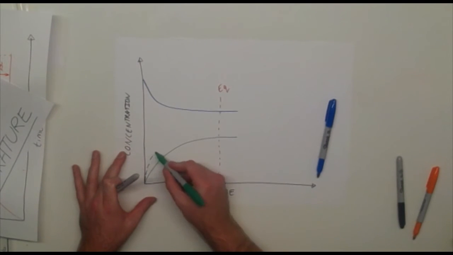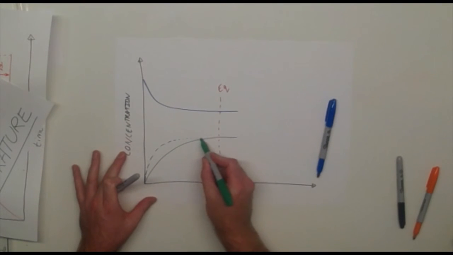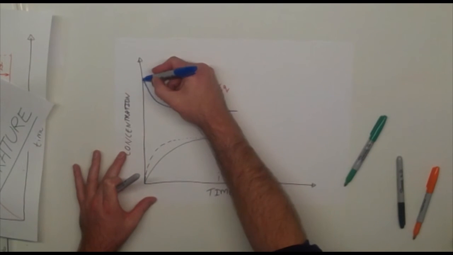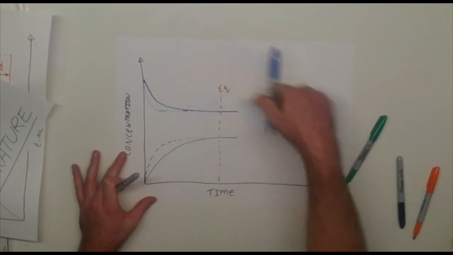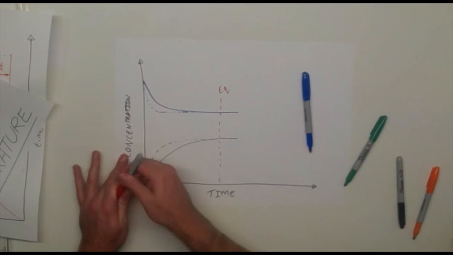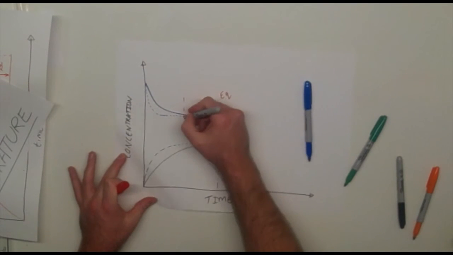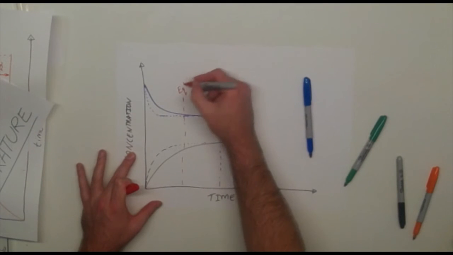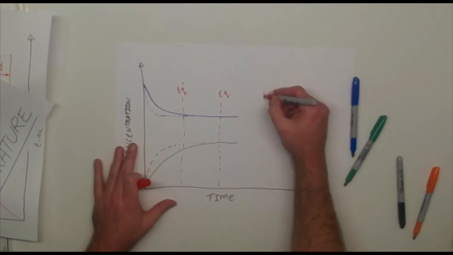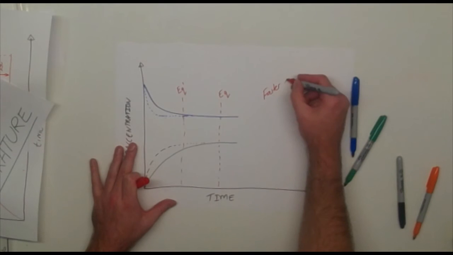So you'll actually have your graph that looks like this. Our reactants would go like this, and our equilibrium is reached back here. So with a catalyst we get a faster equilibrium.